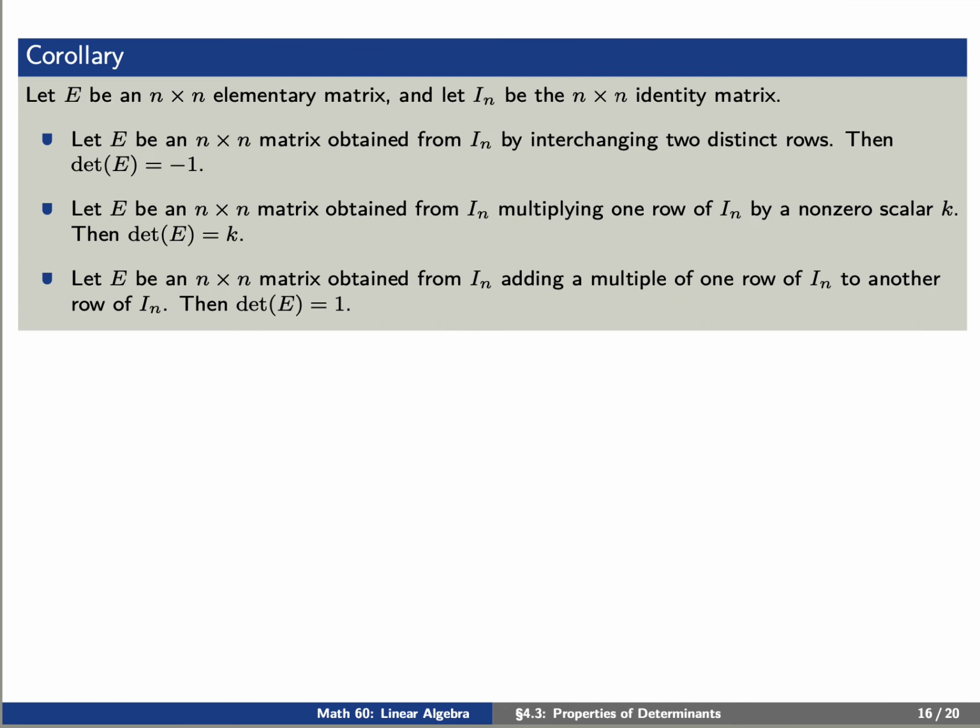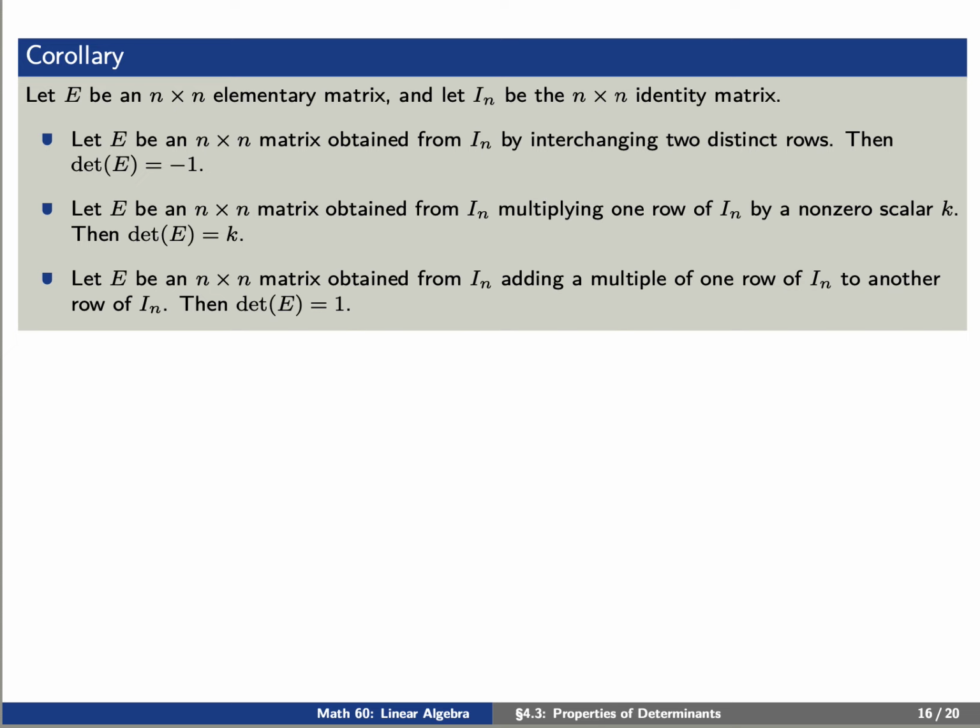As a special case, let's consider the elementary matrices. Remember, these are the matrices that we found by performing an elementary row operation on the n by n identity matrix. If E is obtained by interchanging two distinct rows, then the determinant of E is negative 1. If E is obtained by multiplying one row by a non-zero scalar k, then the determinant of E is just equal to k.